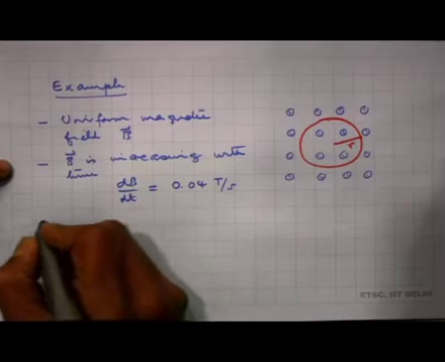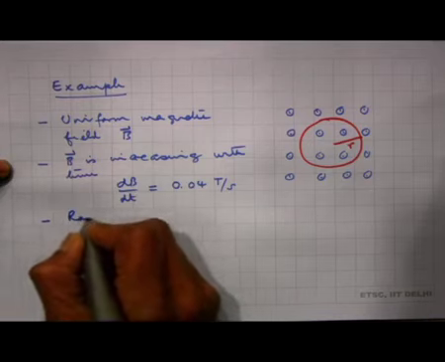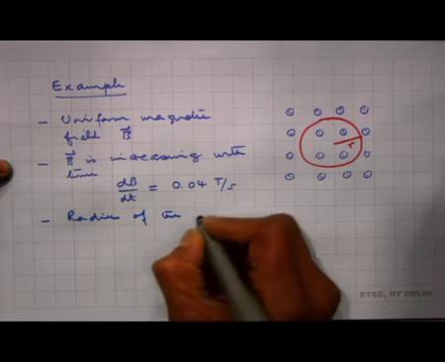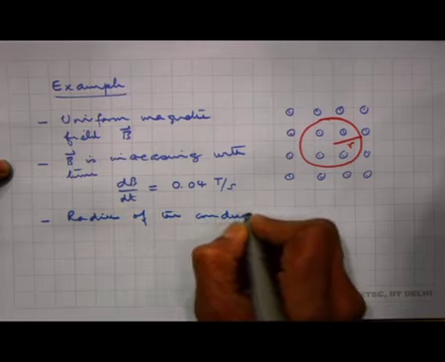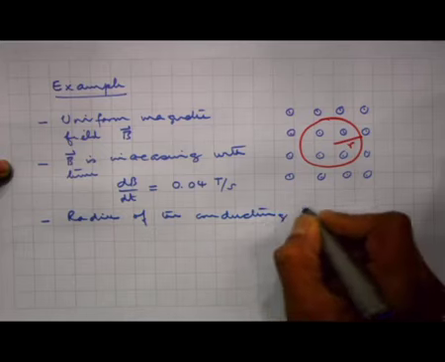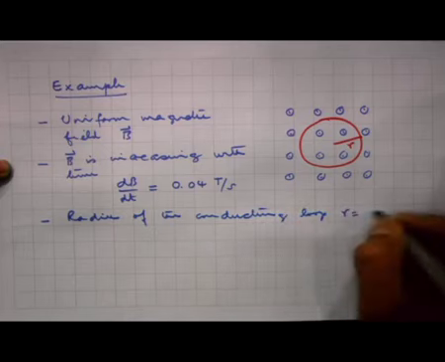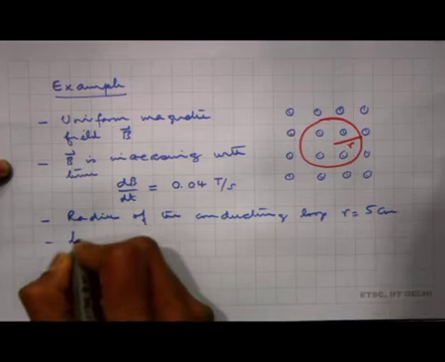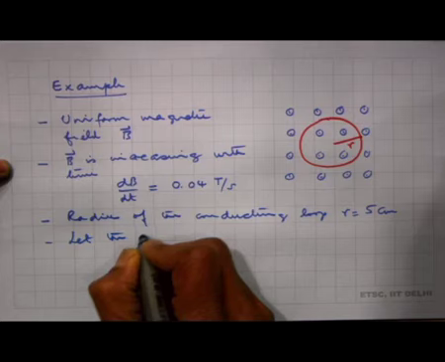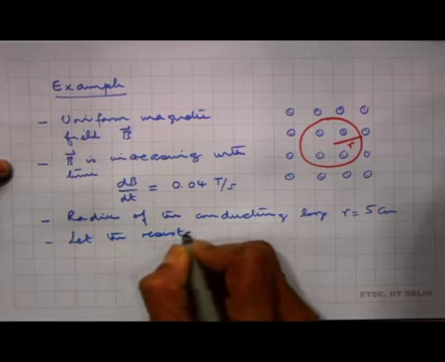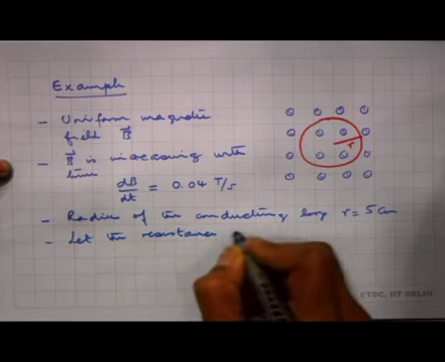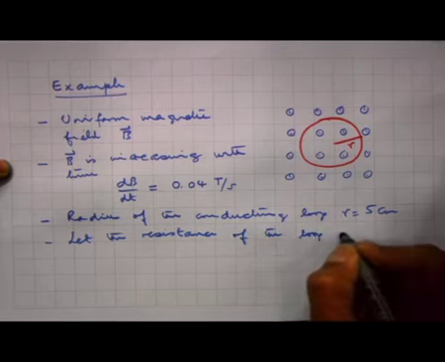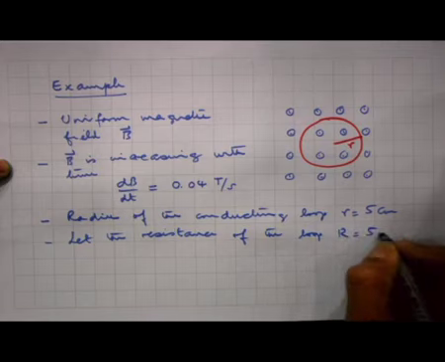Now let me assume the radius of the conducting loop r is equal to 5 centimeters, and the resistance of the loop R is equal to 5 ohms.